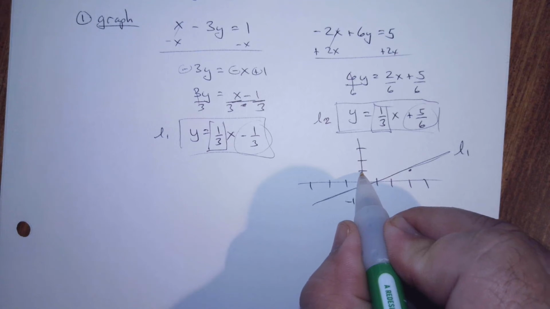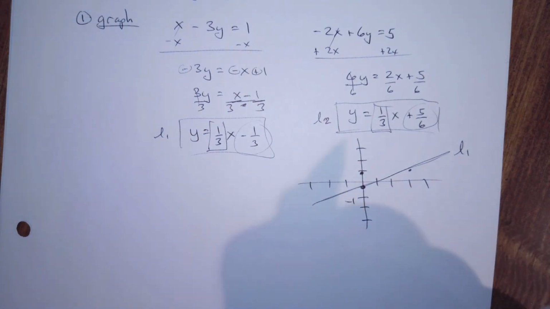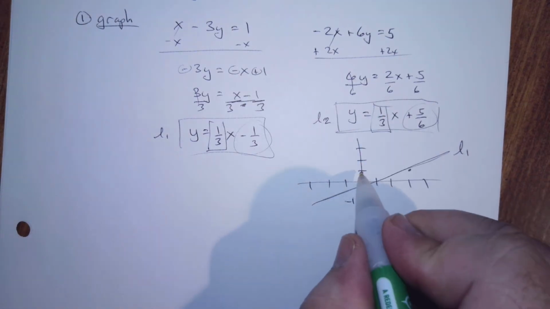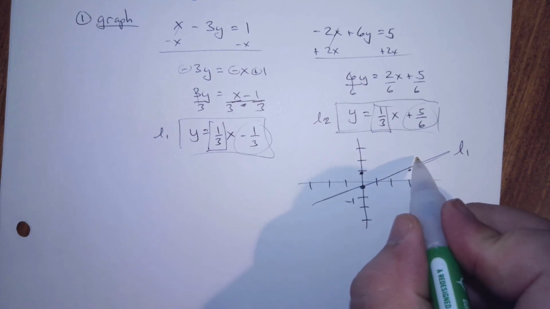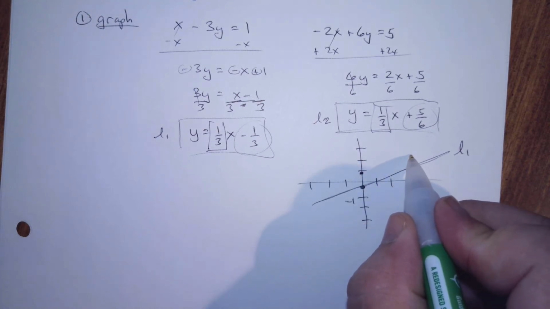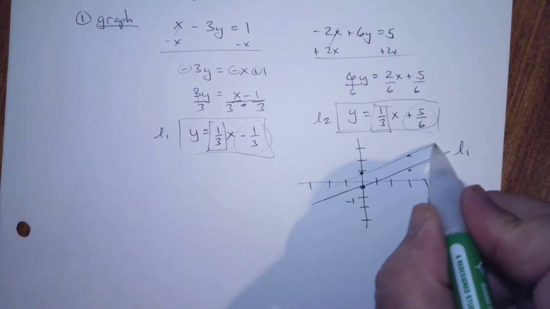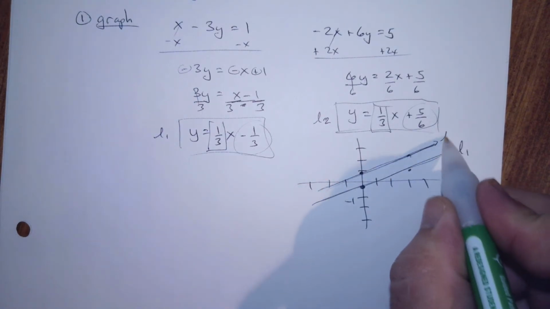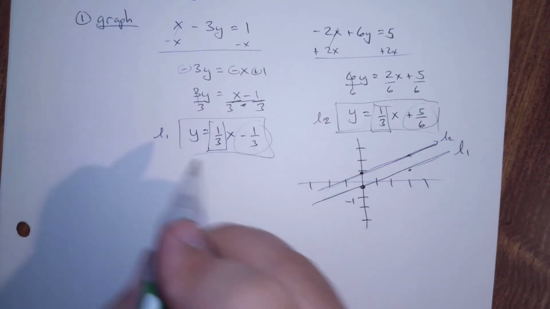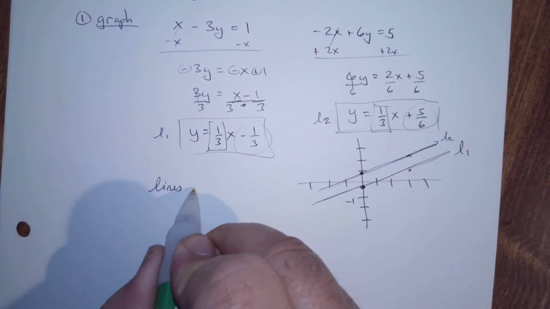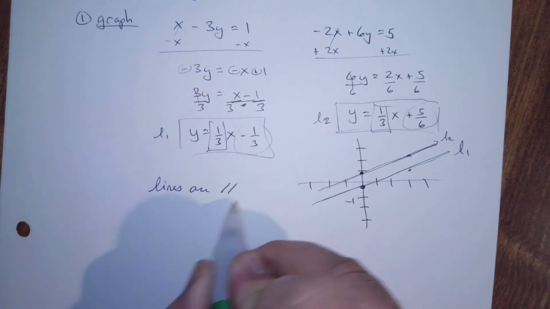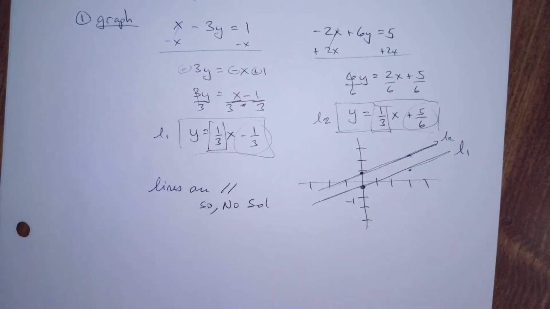That's just short of 1, so it's right there. Up 1 over 3. So we see the lines are parallel. So no solutions.